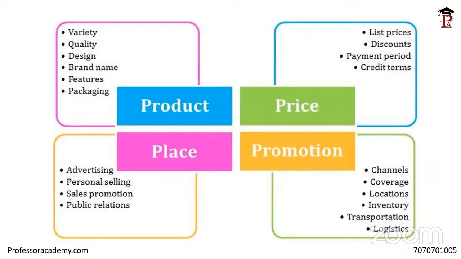Okay. Then when we talk about price, this is the amount of money a customer must pay to acquire the product or service. In this, pricing strategies are considered, such as the cost of the product, competitors' price, very important, perceived value by the customer, and pricing objectives.